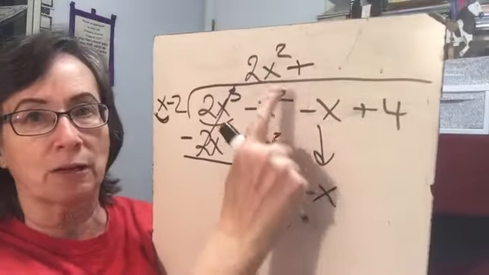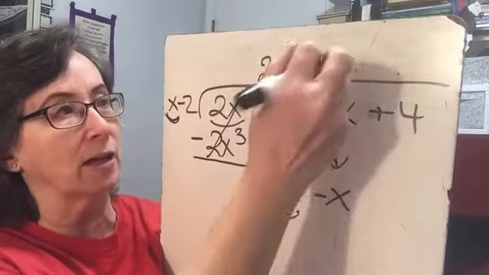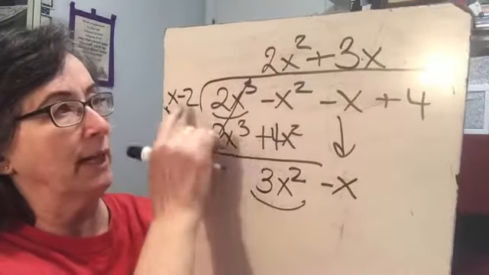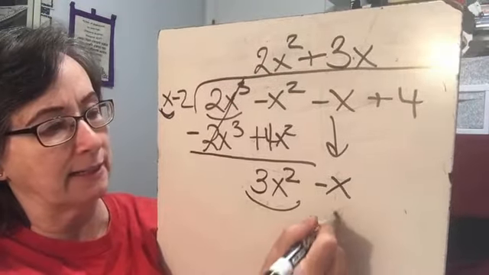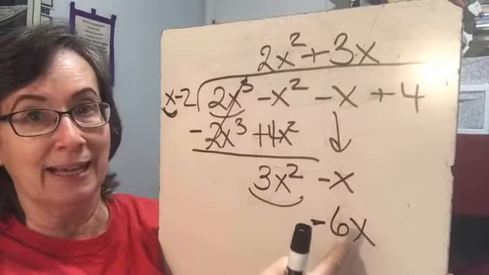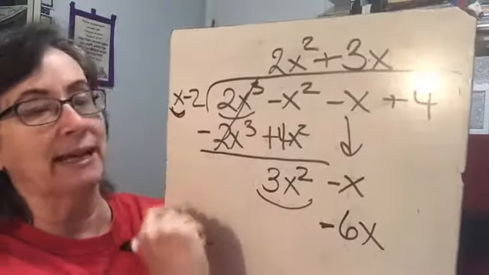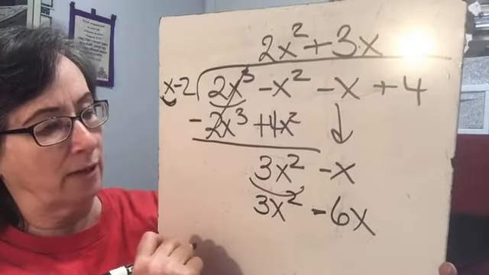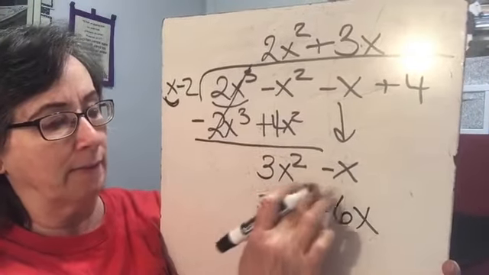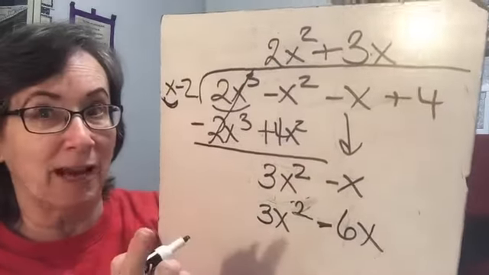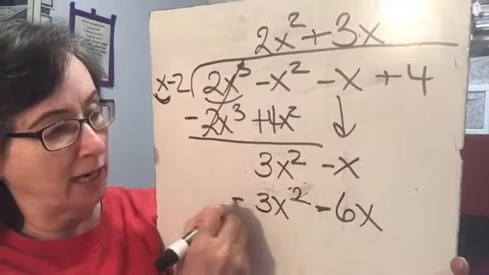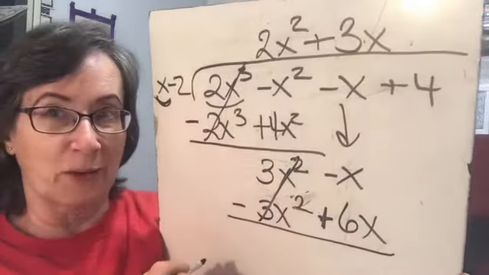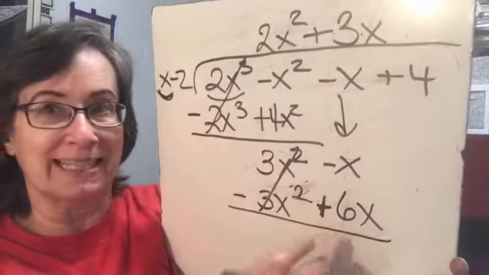And 3x will go right up here above the x column. 3x times a negative 2 is a negative 6x. And it goes in the x column. 3x times x is 3x squared. And it goes right here in the x squared column. I'm subtracting, so I change both signs and add. This cancels, as it always should. Negative x plus 6x is 5x.